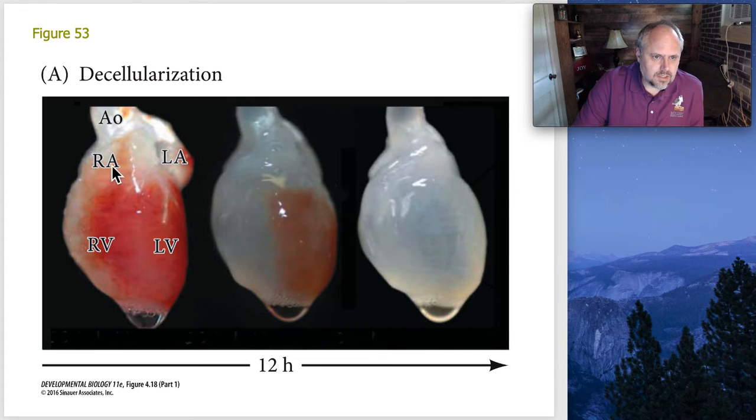The blood cells, the muscle cells, and other things basically get removed as they slowly drip out over time. And what you can see here is that once all of the cells have been removed, you still see the organ.